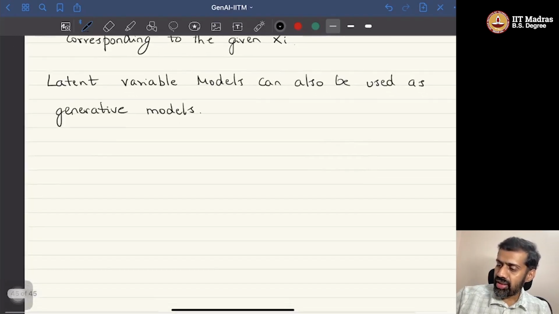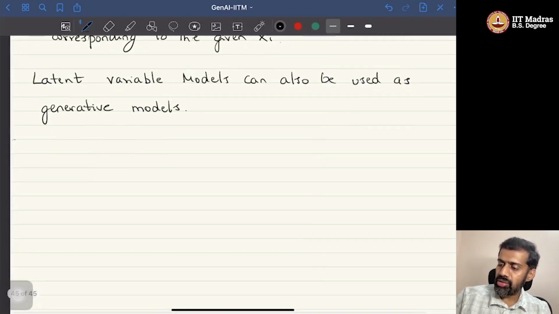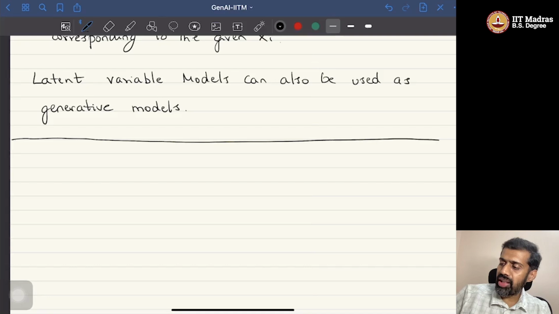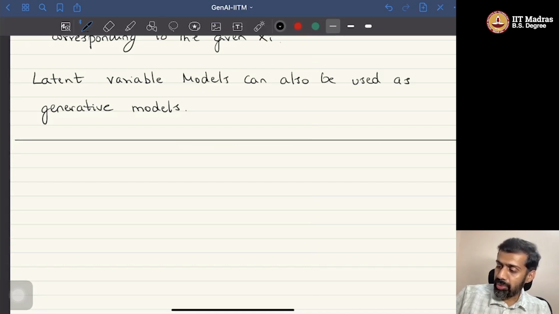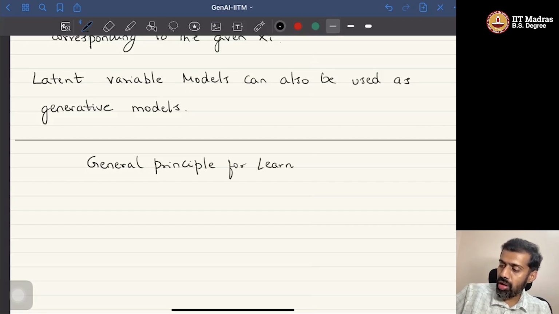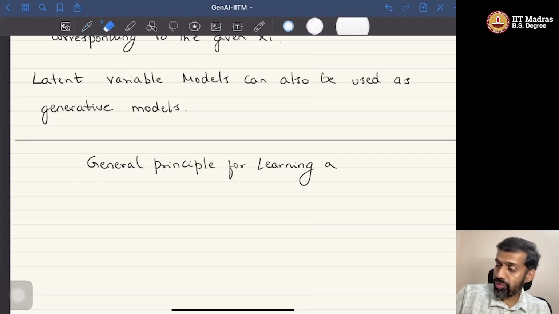Sure. So with this introduction, let us look at the general principle of building a latent variable model. Now, the general principle for learning latent variable models.